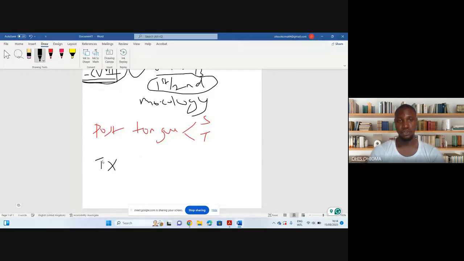So the posterior part of the tongue is derived from the fourth and the sixth pharyngeal arch. And so the nerve supply to these arches is what will contribute to the posterior tongue.